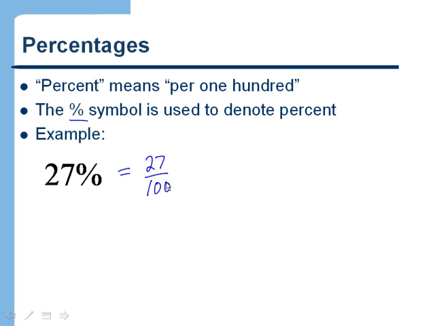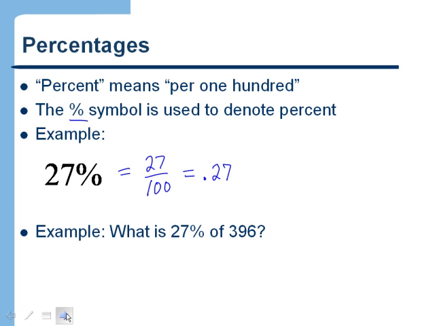In other words, 27 over 100. And as we know, we can write that not only as a fraction, but we could write it as a decimal as 0.27. So kind of the easy thing to remember is when you have a percentage and you want to convert it to a decimal, you're simply moving the decimal point 2 places to the left.